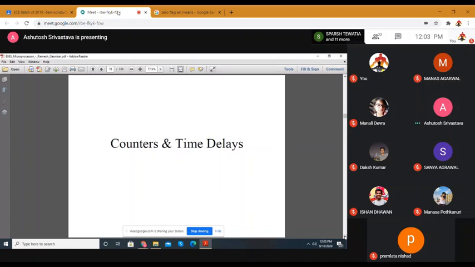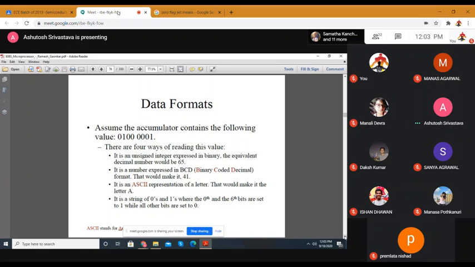Can you represent decimal 41 or 65 or 82 in the BCD format?